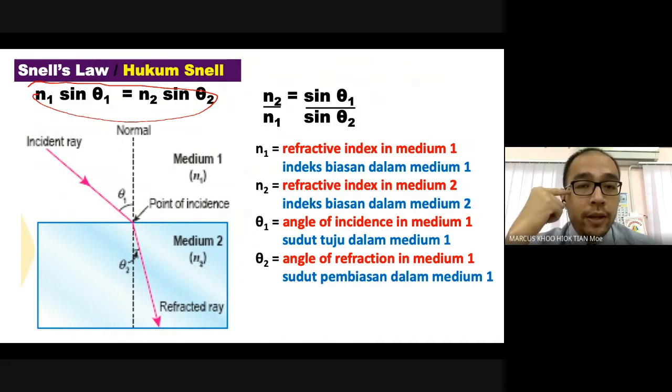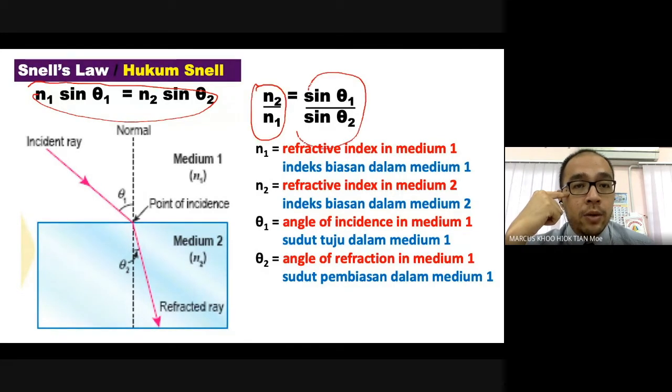So the refractive index in medium 1 times sine of the angle theta 1 equals n2, the refractive index of medium 2, times sine theta 2. And we will find n2 over n1 equals sine theta 1 over sine theta 2.